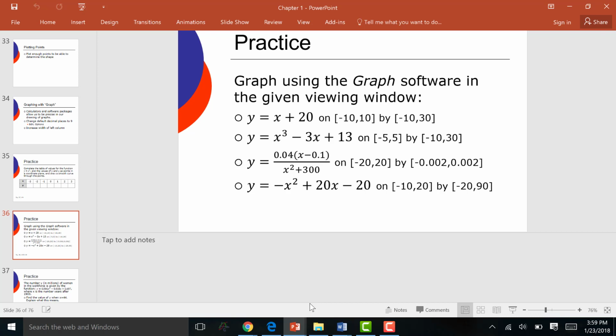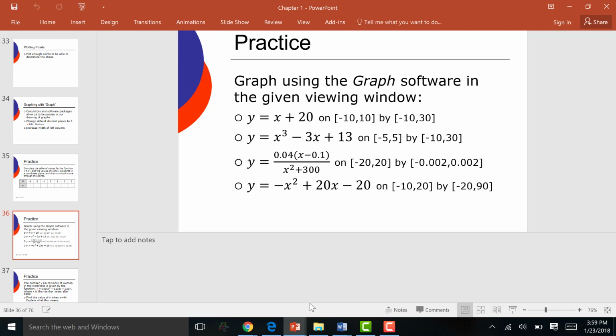Type your equation in first. X plus 20. You'll need to shift. You're going to put shift. There you go. And then 20.